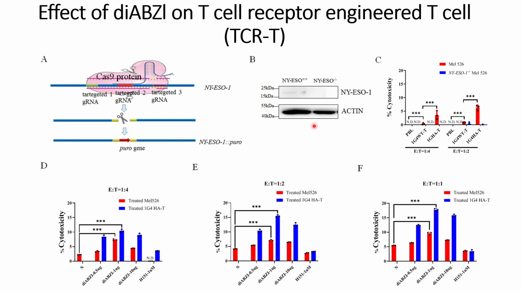When they checked the cells' cytotoxicity at different concentrations of effector cells and target cells, they found that in the case where NY-ESO has been knocked down, the cytotoxicity has been reduced. That can be seen when the effector cells and target cells are in the ratio 1:4, and when they are in 1:2.